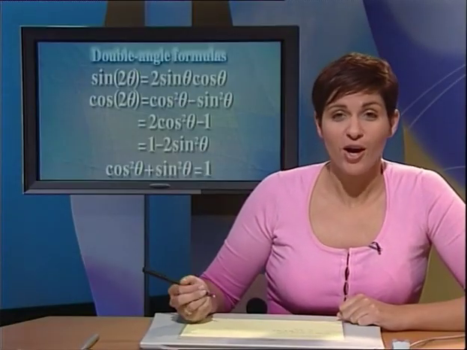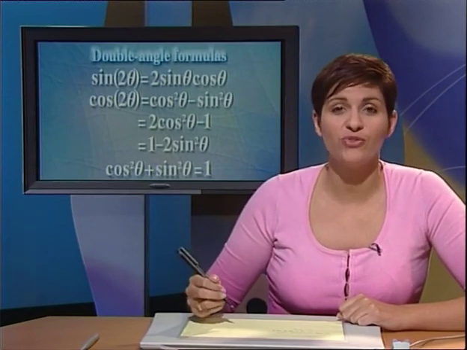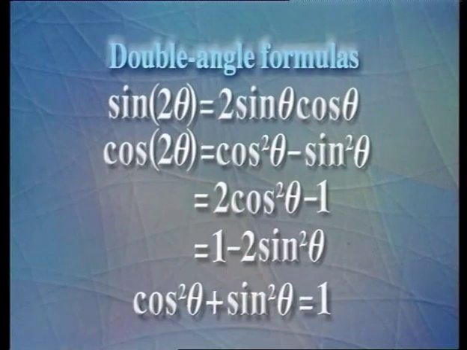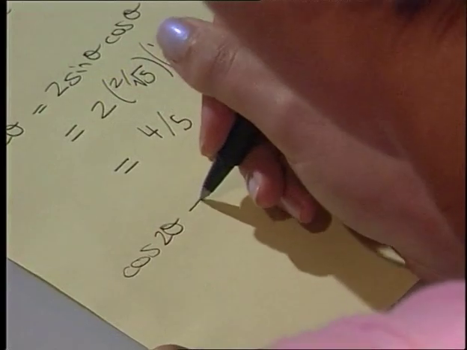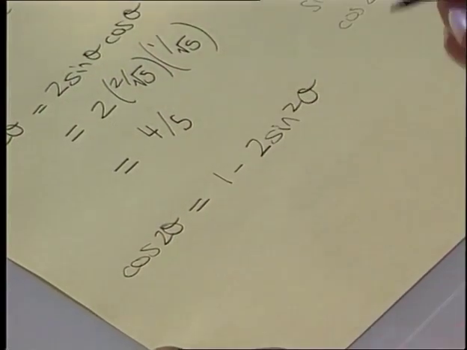And what about the cosine of 2 theta? Well, I know cosine and sine, so I could use any of the 3. But suppose I use the last expression for cosine 2 theta. So that gives me cosine of 2 theta is equal to 1 minus 2 sine squared theta.